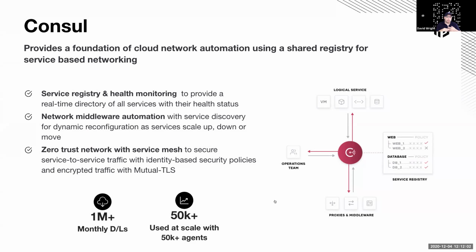Then integrating with existing networking equipment, whether that's existing firewalls or existing load balancers, and being able to start to get some of that automation and discovery into those existing networking components. And then once you have a good understanding and a good integration across your networking, you can tie that together to create a full-blown service mesh with zero trust, and start to use intentions and layer 7 observational rules to apply security across that environment.